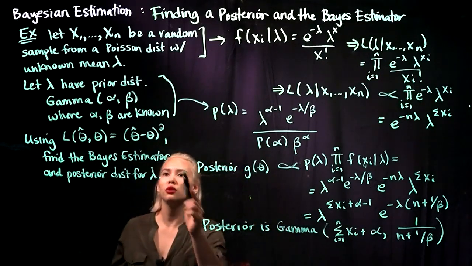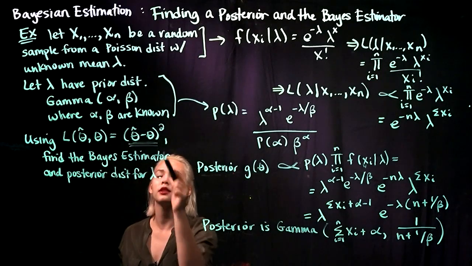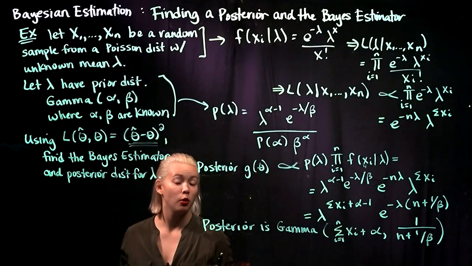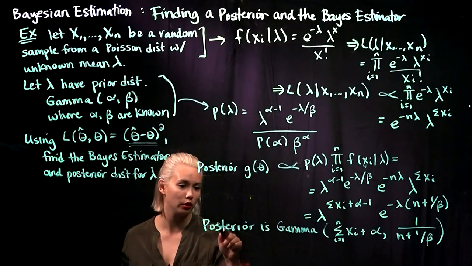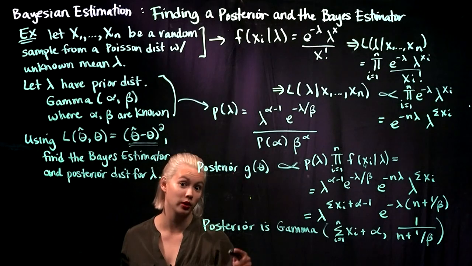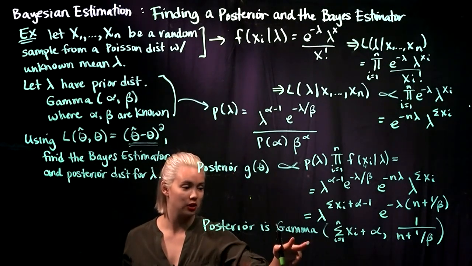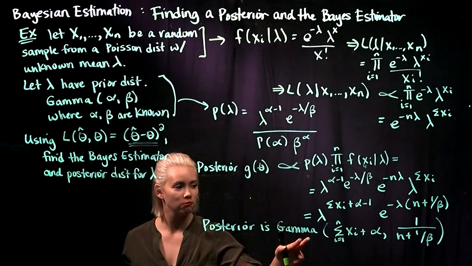Now if we're trying to use this squared error loss to find the Bayes estimator, we know from our theorem from the previous video that we really just need the posterior mean, or in other words, the mean of the posterior distribution. The posterior distribution is a gamma distribution.